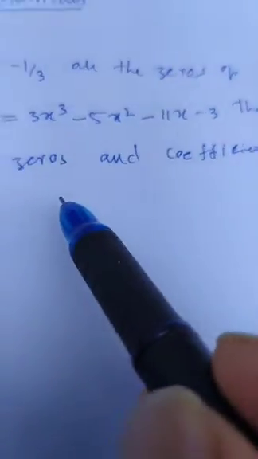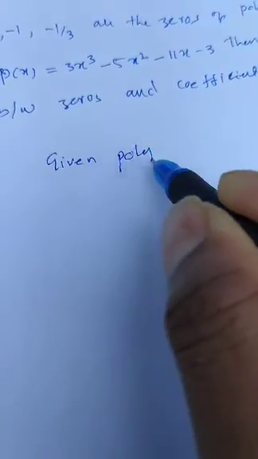Now we have to verify the relation between zeros and coefficients. So let me consider the coefficients. Solution. The given polynomial is P of x equal to 3x cube minus 5x square minus 11x minus 3.